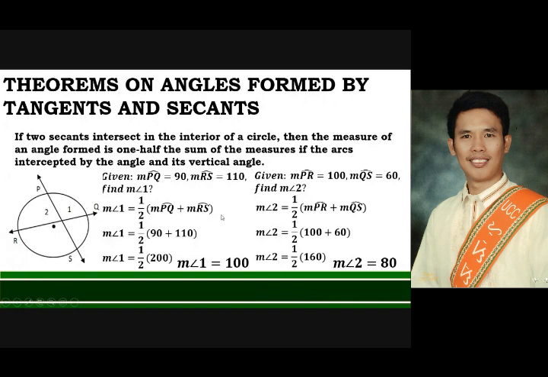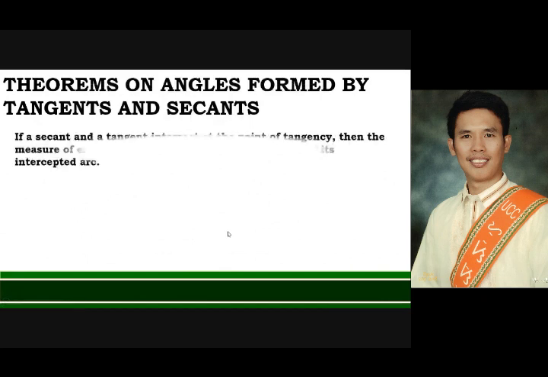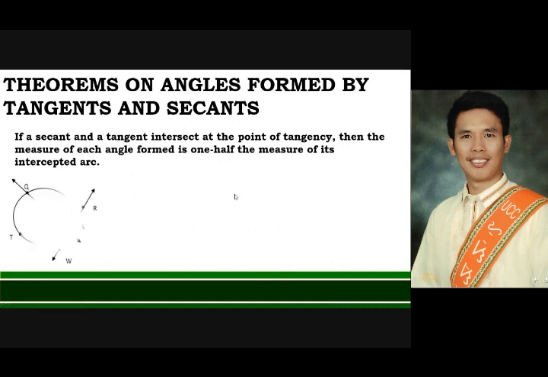Okay, next one. If secant and tangent intersect at the point of tangency, then the measure of each angle formed is 1/2 the measure of its intercepted arc. So in this case, ang point of intersection natin ay na-form because of your tangent and your secant line.